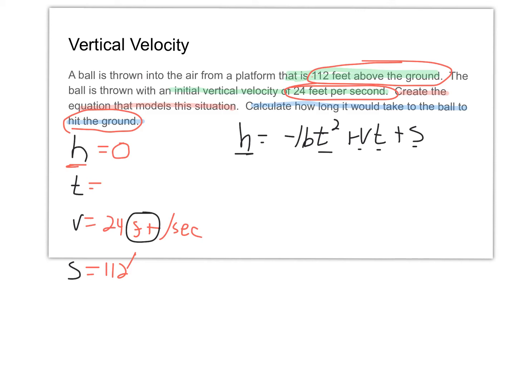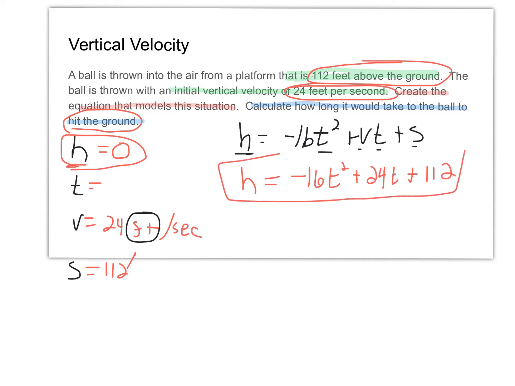For the first part, create the equation that models the situation. We don't replace the 0 with H right now. We would just say H equals negative 16t squared plus 24t plus 112. That's part 1.